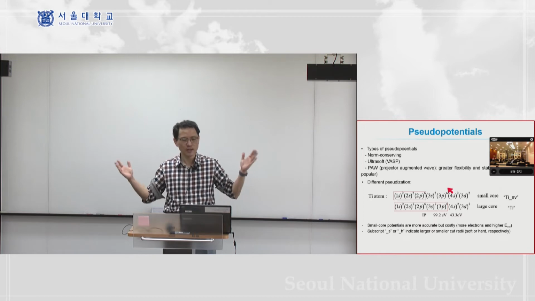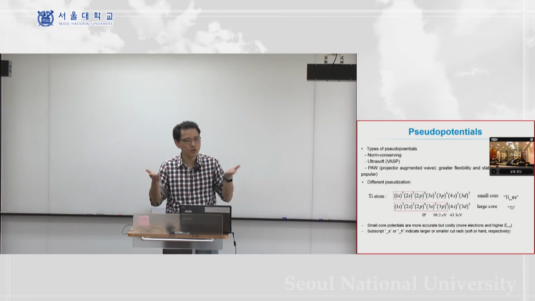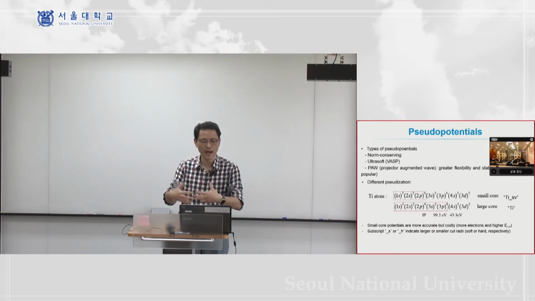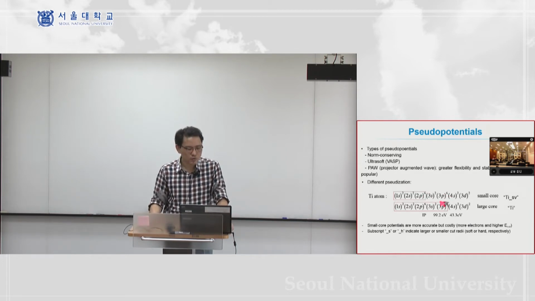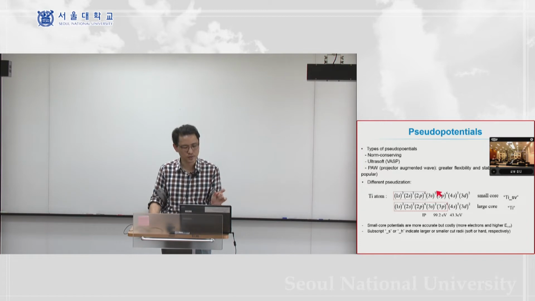As you have a lower degree of approximation, you are doing more accurate calculations. This is more accurate, but it increases your computational cost because you have more electrons in your system, and these semi-core electrons also require a higher cutoff energy.